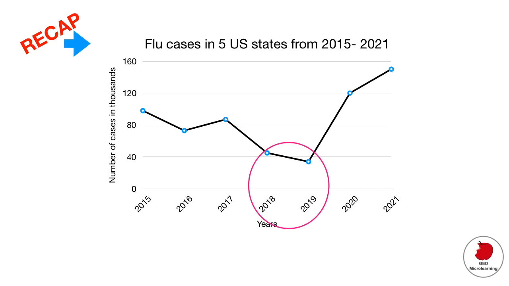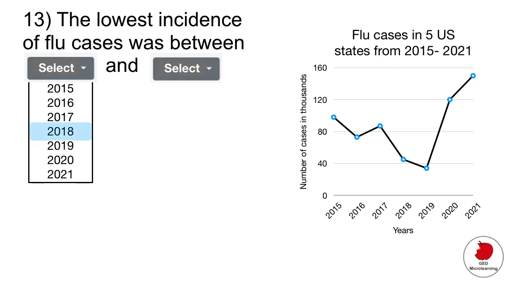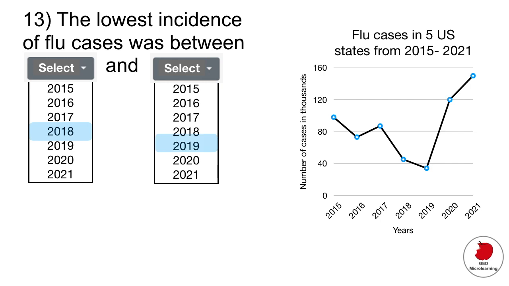It's giving us the flu cases in 5 U.S. states from 2015 to 2021. The Y-axis is telling you the number of cases per 1,000, and the X-axis is telling you the number of years. Specifically, it's asking us in the question, when was the lowest incidence of flu cases? So you would select those lowest years, which are 2018 and 2019, as you can see there, and then just click the correct answer.